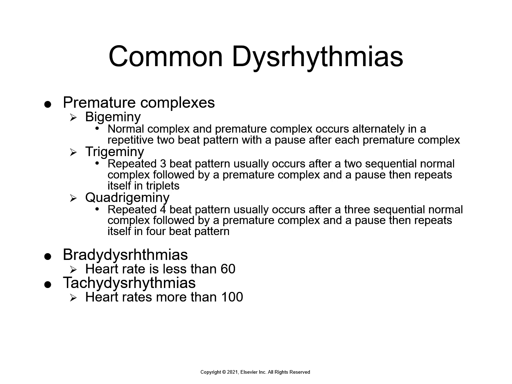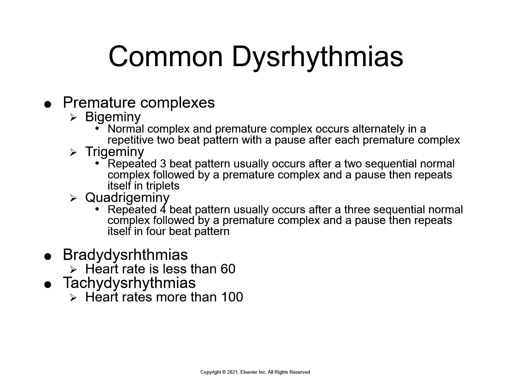Bradydysrhythmias are very common, and that's when the heart rate is less than 60. And a lot of athletes have normal heart rates of less than 60. Tachyarrhythmias or tachydysrhythmias are heart rates that are more than 100. And of course, you get that with stress, with exercise, with all sorts of things. So it's just an irregular or an abnormal heartbeat.